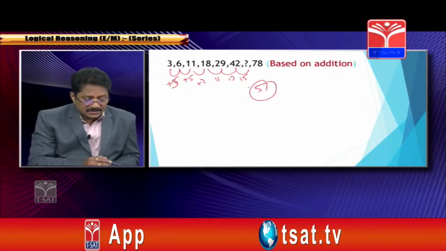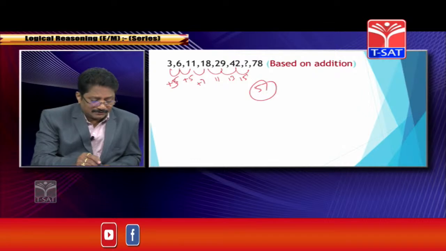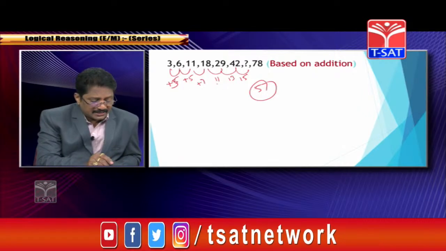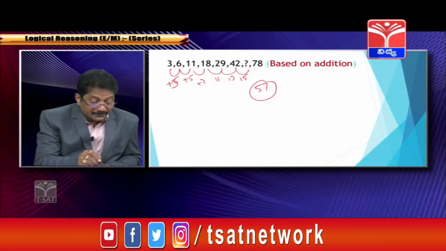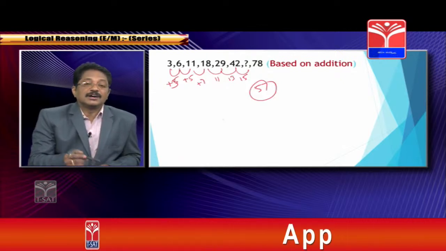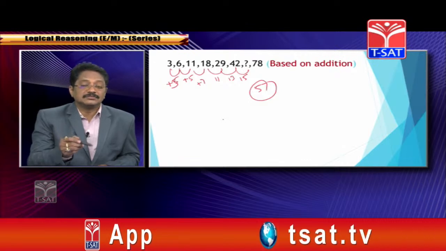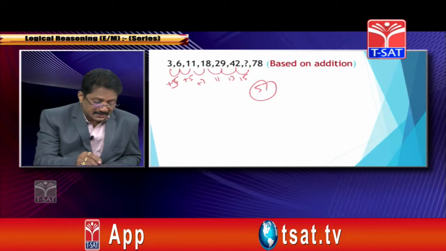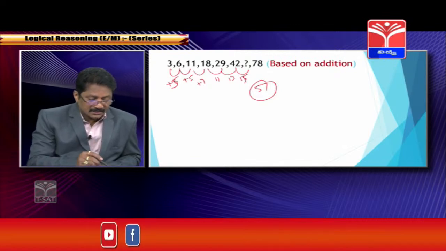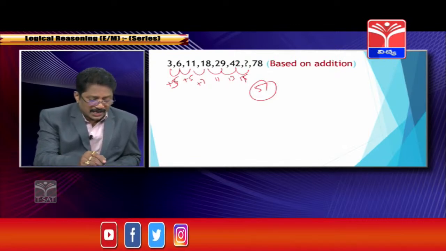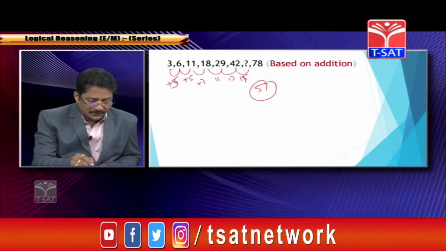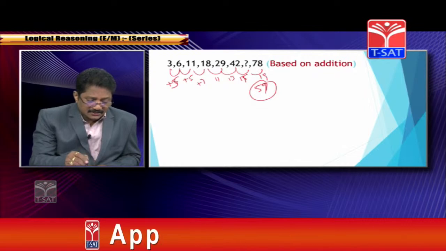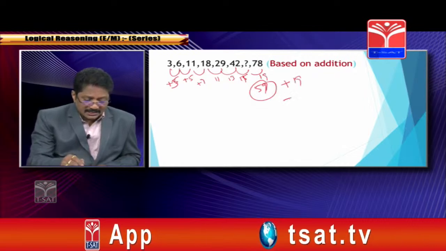Okay. Next, when the next one is 15, this okay, 3, 5, 7, 11, 13. So you can't take 15. What is the reason here? All are increased by prime numbers. So after 13 you have to take it as 17. So 42 plus 17, 59. 59, next one is 19. 59 plus 19 is 78.